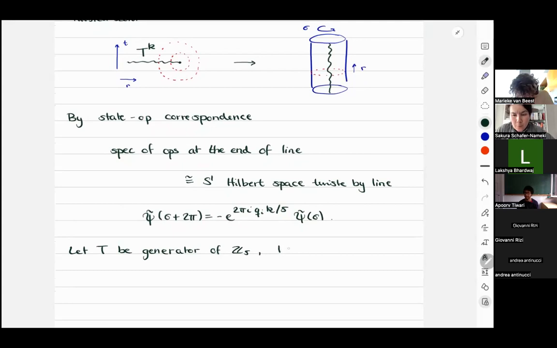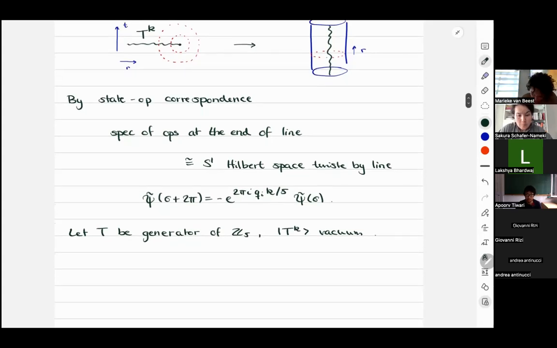And we're going to write T to the K as the vacuum at the end of T to the K, right? So then we can build a Fock space and write an arbitrary state simply like this, where A and B are defined modulo 5.